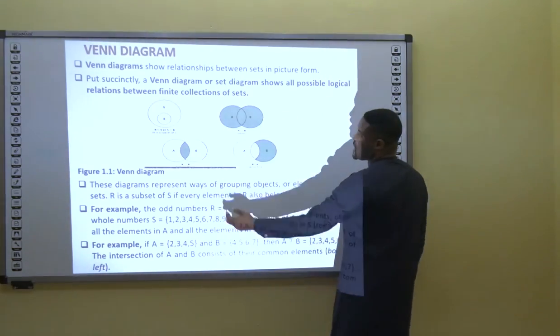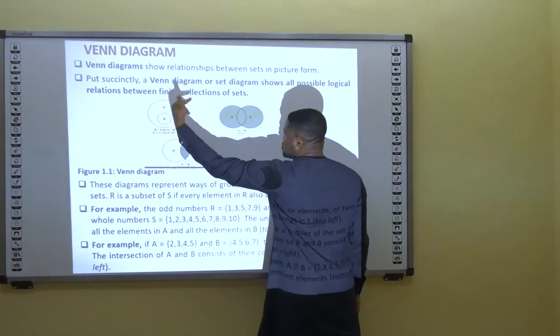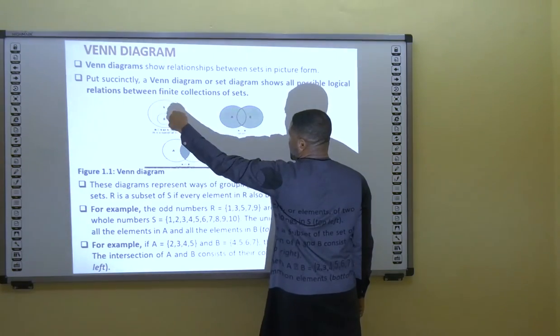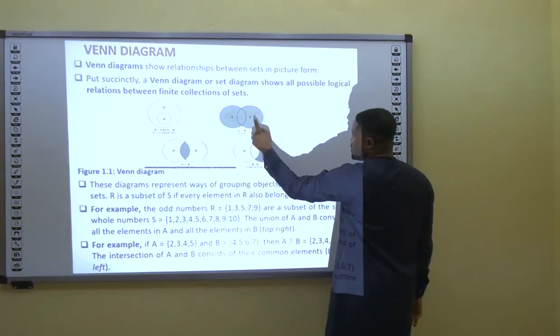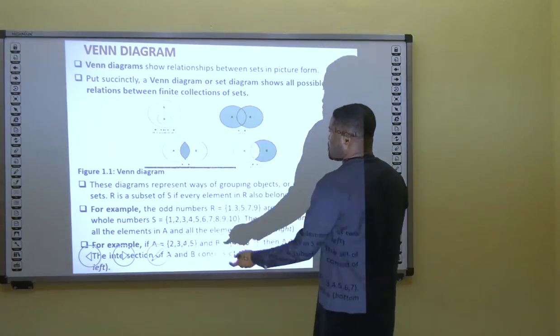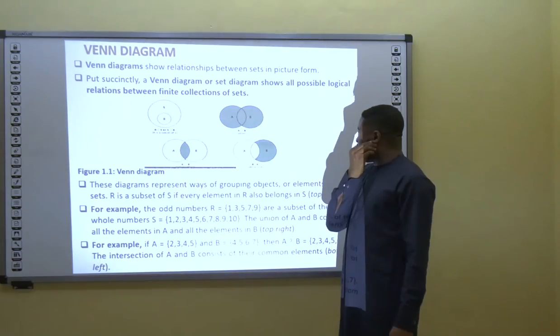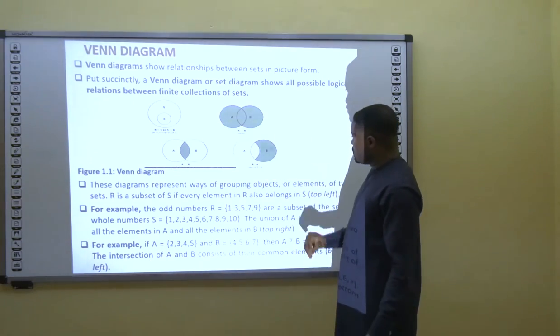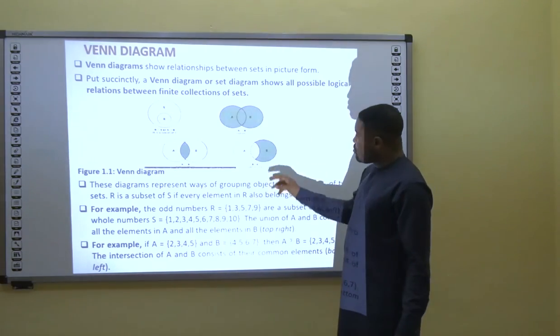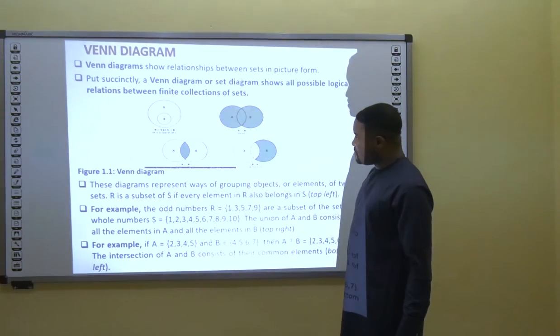If you see here, you see a set that is engulfing another set. Then you see another set that is intersecting another, and then another set that is also intersecting. But there's a common area among all of them.